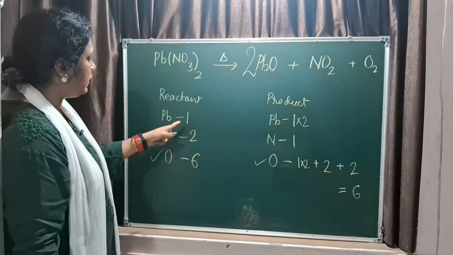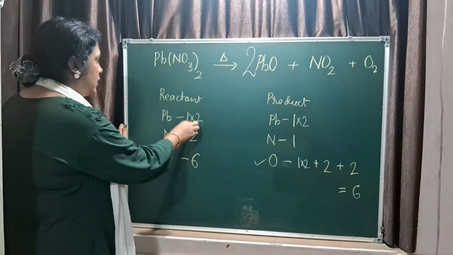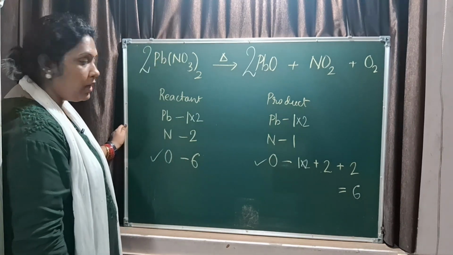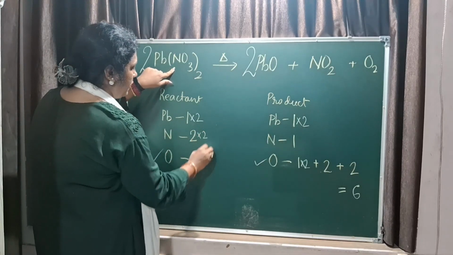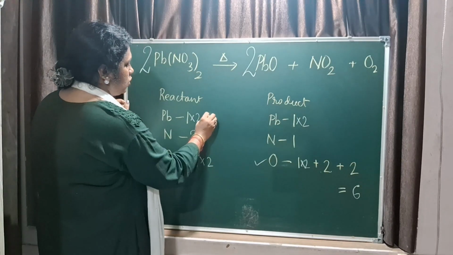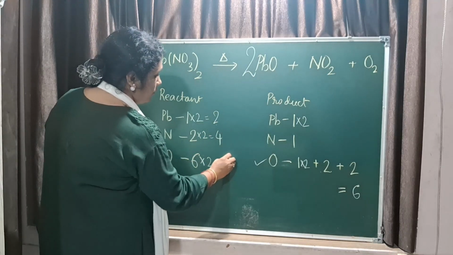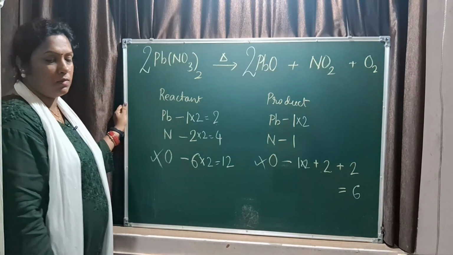Now to make this lead 2, I have to multiply 2 here. Correct? Now for doing this, what happened? This got multiplied, this got multiplied, this got multiplied. So here you have 2, here you have 4 and here you have 12. My oxygen also is not balanced now.